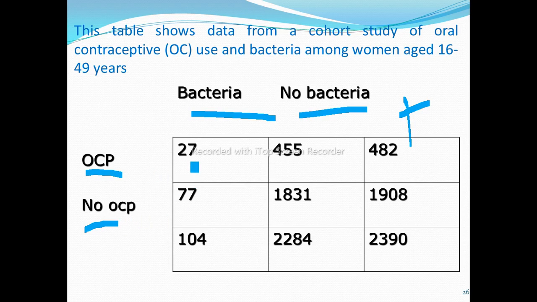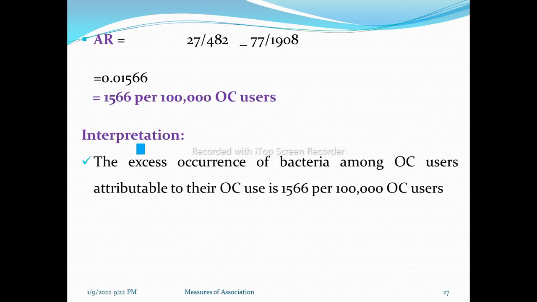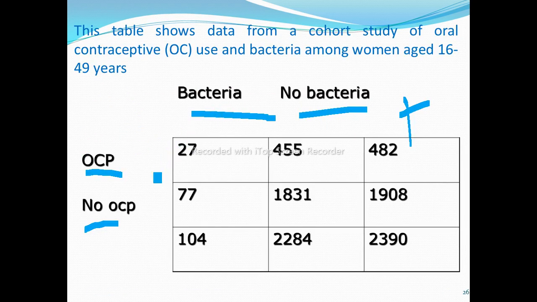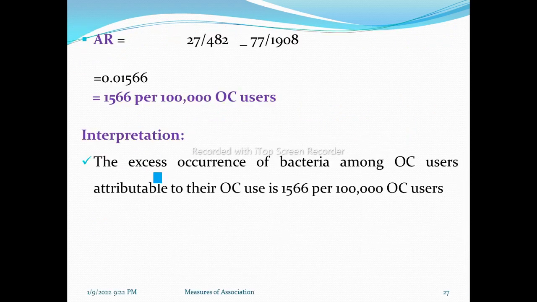So this is the exposed group, this is the non-exposed group, this is the group having bacteria or disease, and this is the non-disease group. So this is the question: how do you calculate attributable risk?